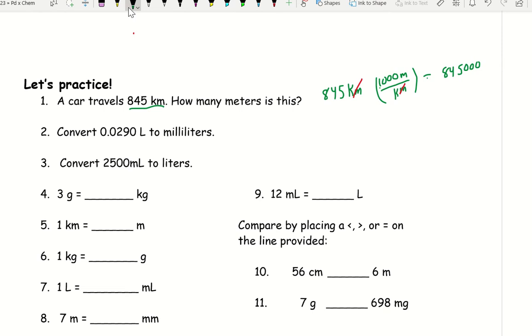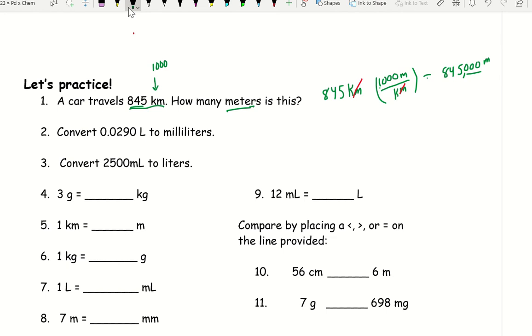Now, you don't even need to think about this too much. They want to know how many meters, and if you recognize kilo means 1,000, I hope you recognize that means you add 3 zeros to 845, and here's the 3 zeros, so 845,000.